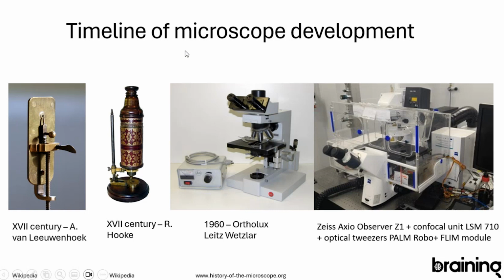During the next years, microscopy started to develop, and in the 1950s and 60s we can see more advanced microscopes like the one shown on this panel. We see that there are a lot of improvements here. When we compare with the microscopes on the left, we see that they are mounted on a stable base.